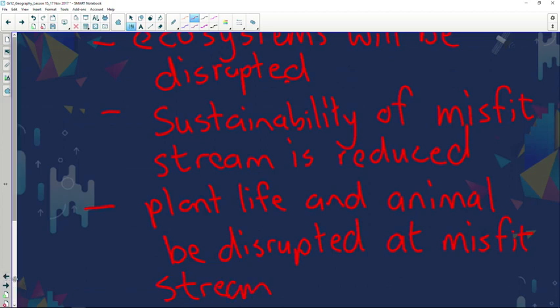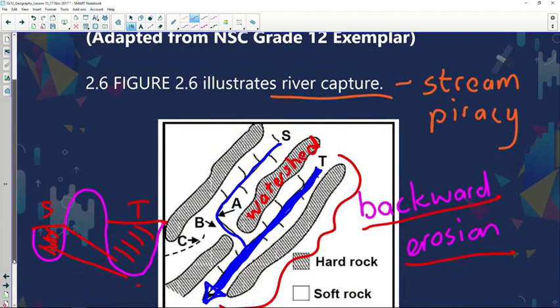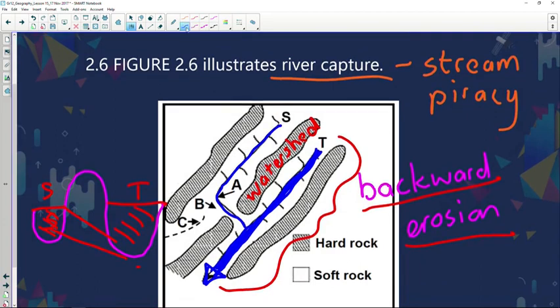Now, for instance, if we just look back at the diagram, now keep in mind, this is the misfit stream over there. Now, the plant life and animal life in this area, plant life might be destroyed because they don't have enough water, and we're going to experience a migration of animals because there's not enough water to provide for them.